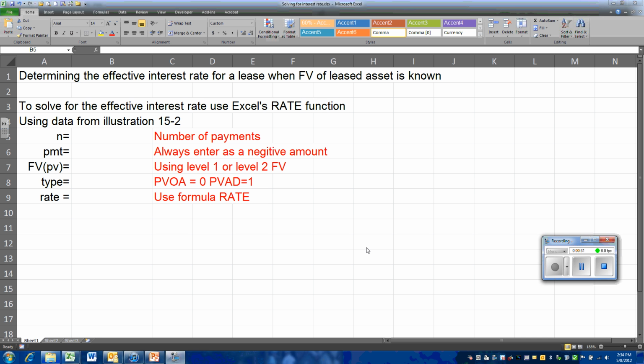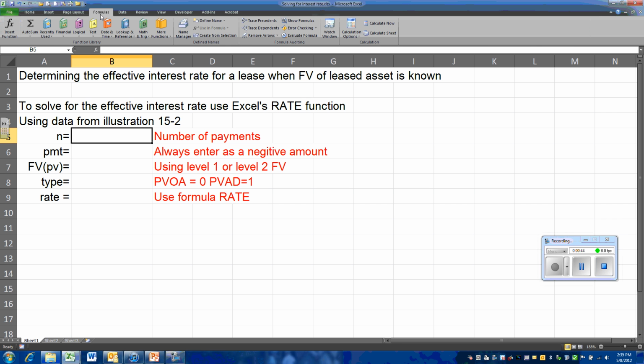So we're going to set up our Excel spreadsheet, similar to what you see on the screen. We're going to be using the Excel function for rate that is contained in the financial folder under formulas.